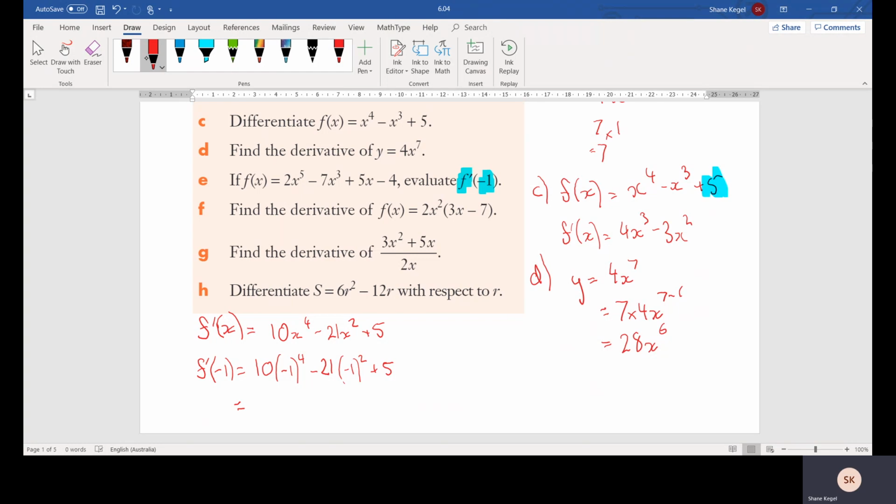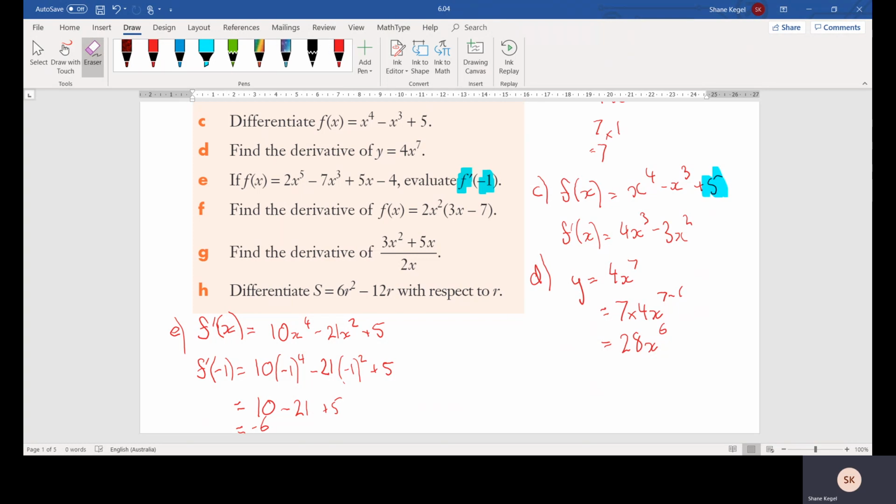So it's 10 times 1, which just gives 10. Again, here I've got an even power, so this negative becomes a positive. So I'm taking away 21 times 1, which is take away 21 or -21 plus 5. So 10 plus 5 gives 15. 15 take 21 gives -6. So -6 would be my answer for part E.